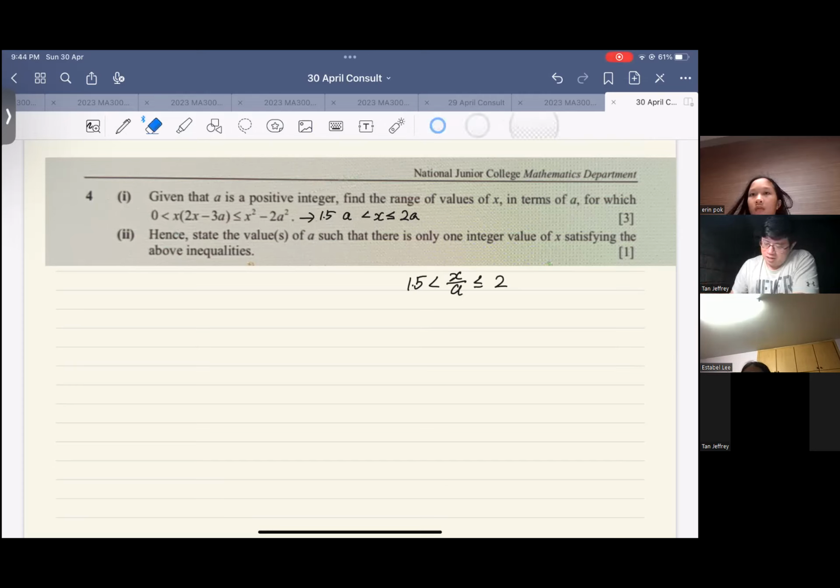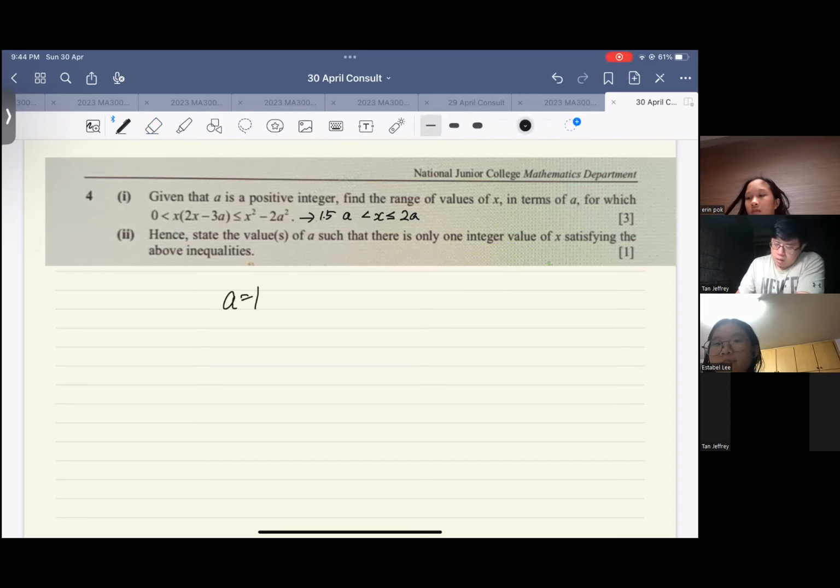Let me think. Oh, my brain is stuck. A equals 1, so X is between 1.5 and 2. But then X can be equal to 2. If A equals 1, they will tell me 1.5 is between 1 and 2, so X equals 2.